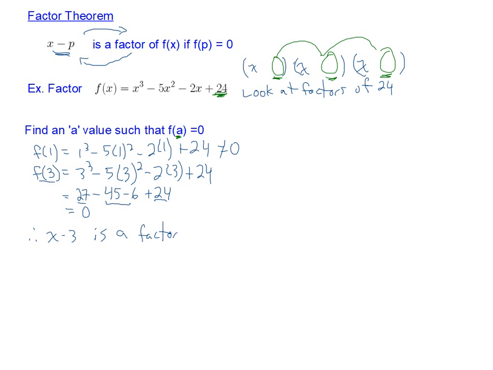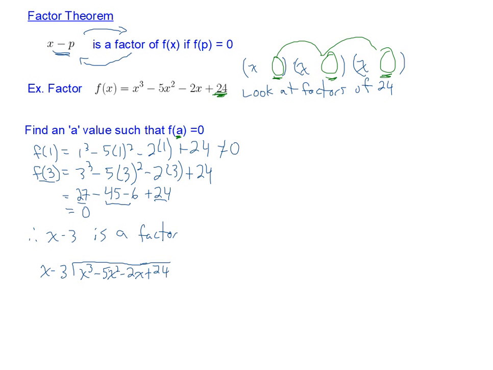So what we can do now is we were asked to factor the whole thing. Well, let's go ahead and do some division. Let's divide this out. We'll get x cubed minus 5x squared minus 2x plus 24. So we'll do the division, and then we should get a quadratic that we can probably factor.